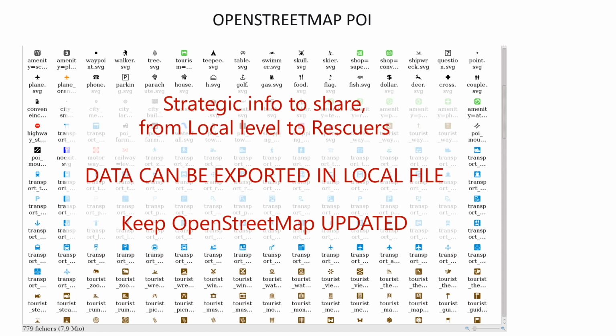But having at least a detailed map with updated information of a certain area, downloaded before starting to go into the affected area, for sure can be a very important additional resource for the rescuer. Thank you.